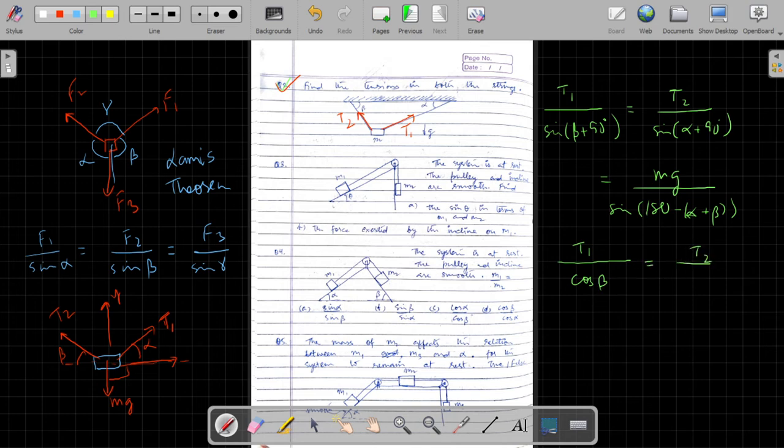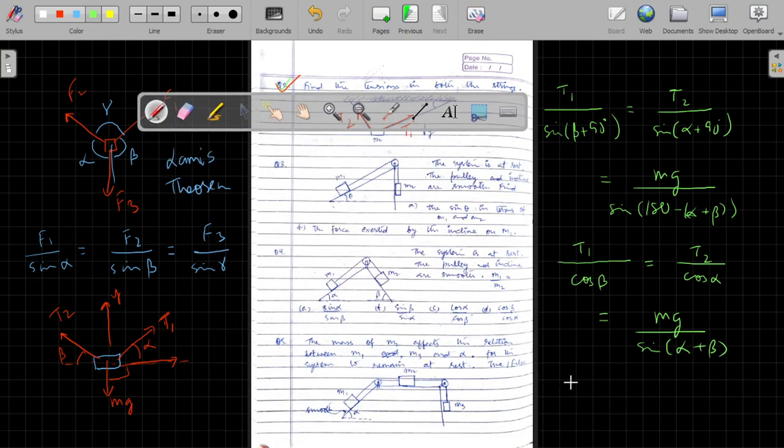And that would be T2 upon cos alpha, equal to mg divided by sine of (alpha plus beta). From this expression we can write T1 as mg cos beta divided by sine of (alpha plus beta). And similarly we can write the expression for T2.